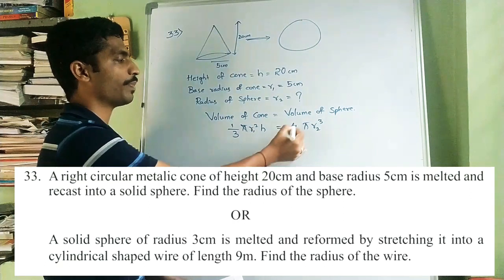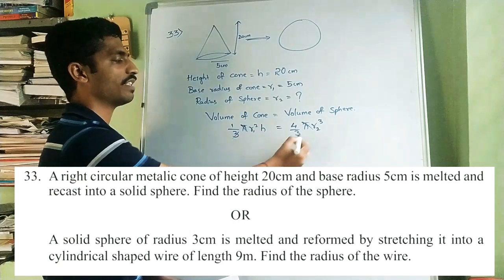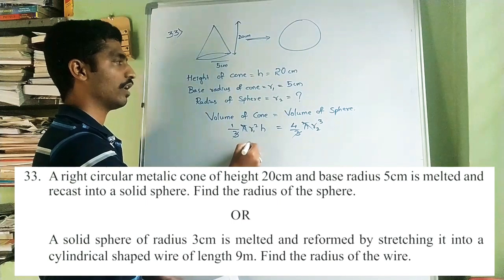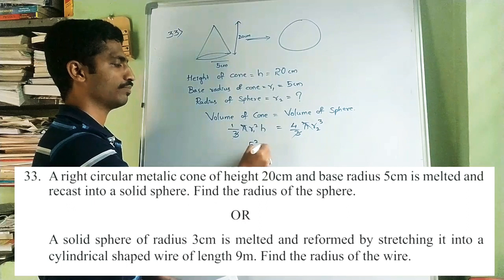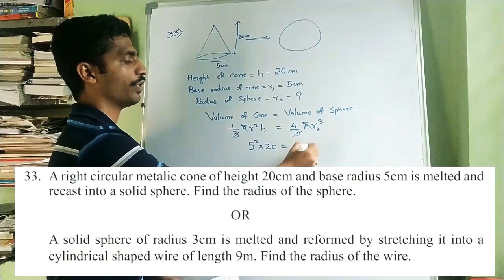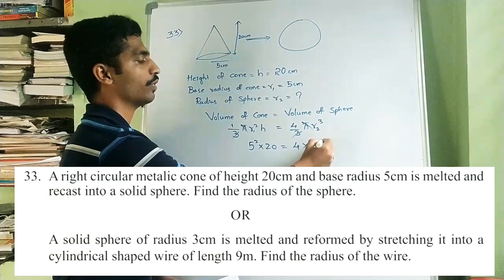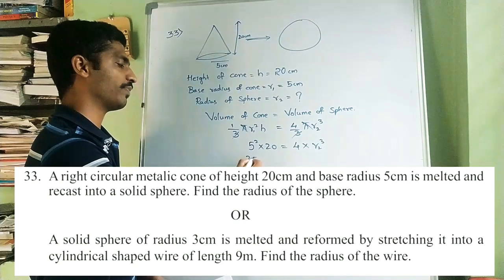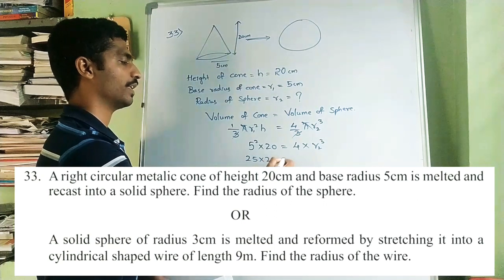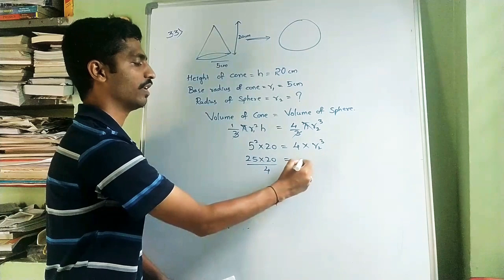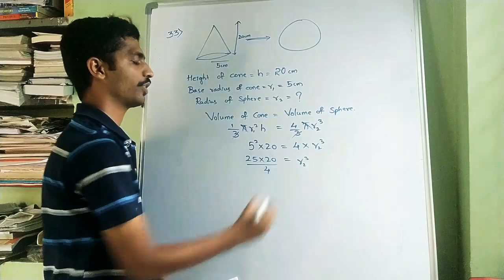So this pi gets cancelled. By 3 gets cancelled. What is left here? R1 square into h, that is 5 square into 20, and 4 into R2 cube. We don't know R2, keep like that only. So 5 square will be 25 into 20. So I'll take 4 this side. It becomes divisible, equal to R2 cube.